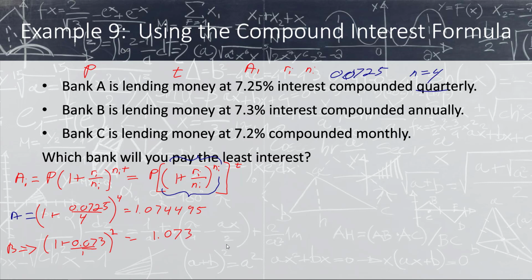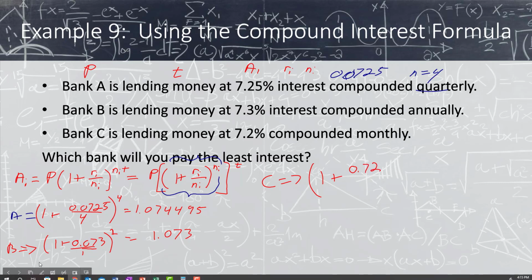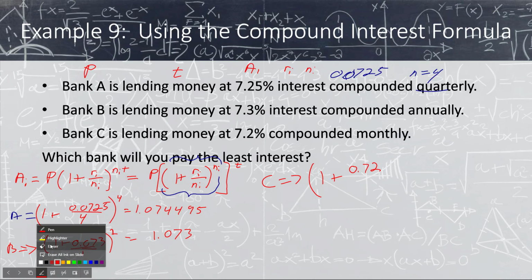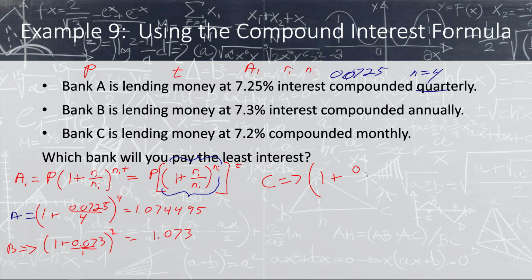That's bank B. Now for bank C, I will have 1 plus 0.072 divided by 12 raised to the 12th power.